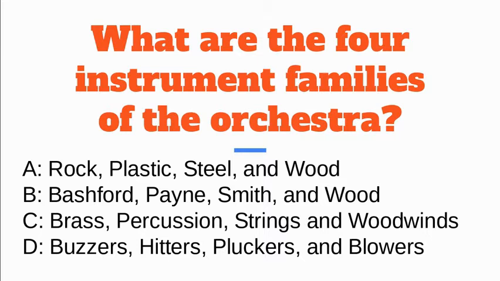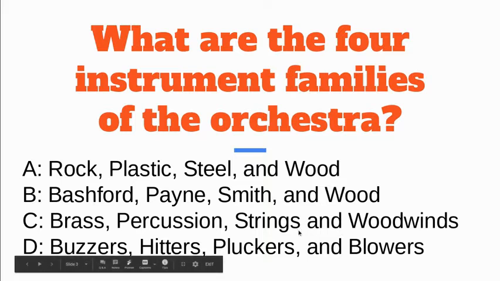Are the four instrument families in the orchestra A, rock, plastic, steel, and wood; B, Bashford, Payne, Smith, and wood; C, brass, percussion, strings, and woodwinds; or D, buzzers, hitters, pluckers, and blowers?